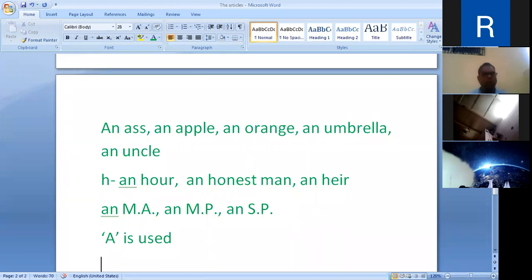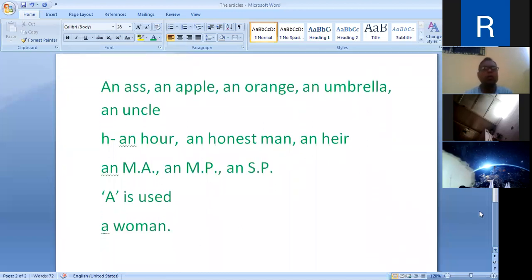For example, a woman, a yard, a horse, a man.